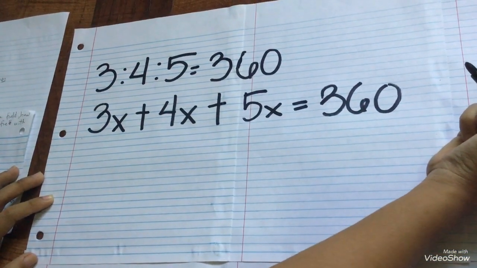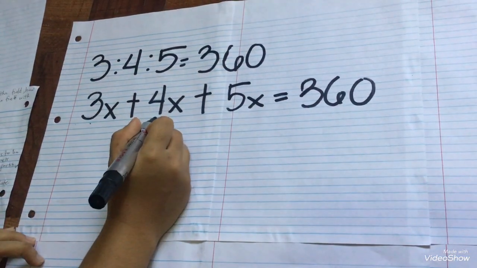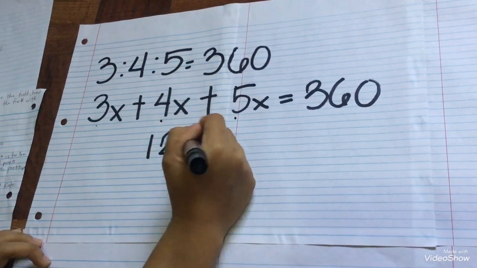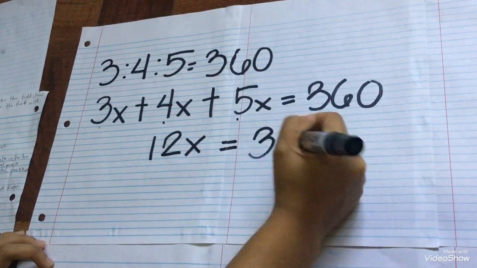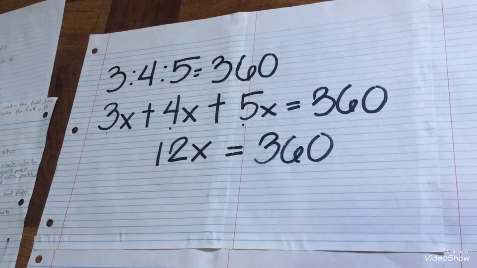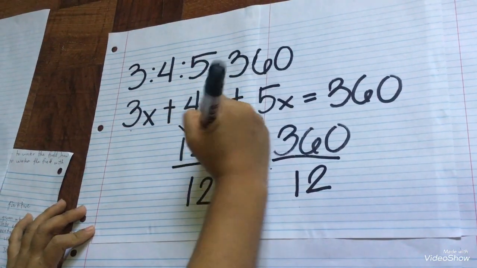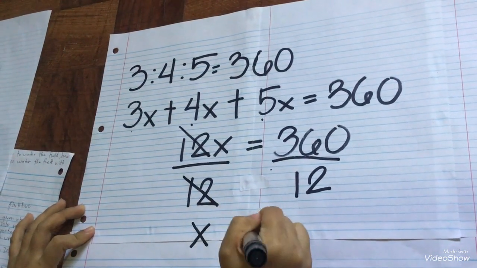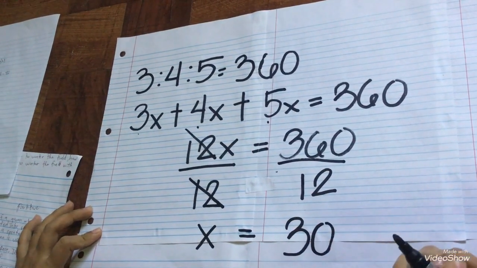We will add 3x plus 4x is 7x plus 5x is equal to 12x is equal to 360. We're going to divide both sides by 12. 12 over 12 will be cancelled. X is equal to 360 divided by 12 is equal to 30.